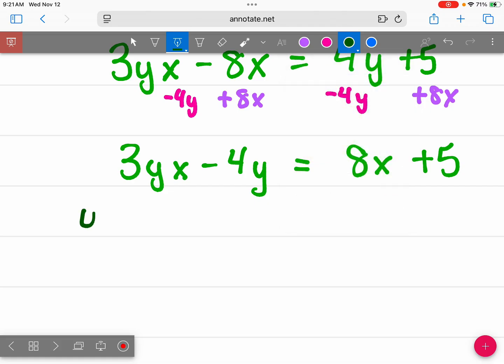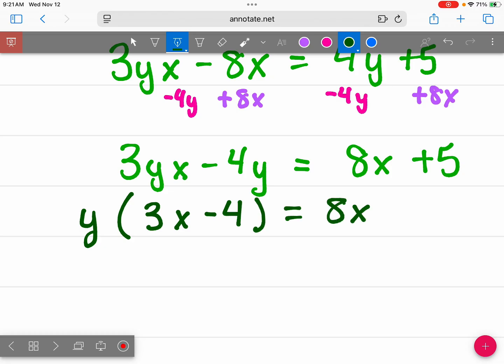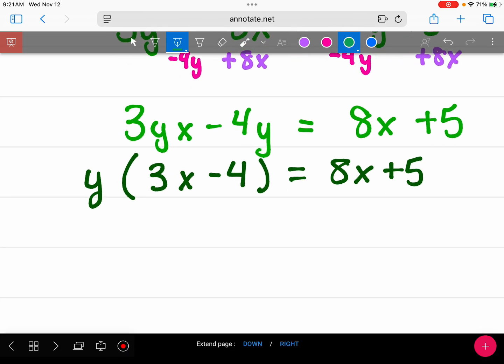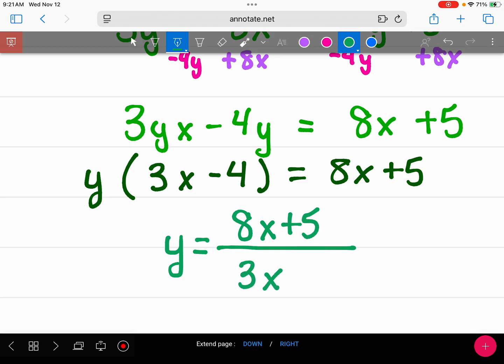So I want to take that y out as a GCF, giving us y times 3x minus 4 equals our 8x plus 5. So what is our y going to equal? 8x plus 5 over 3x minus 4.